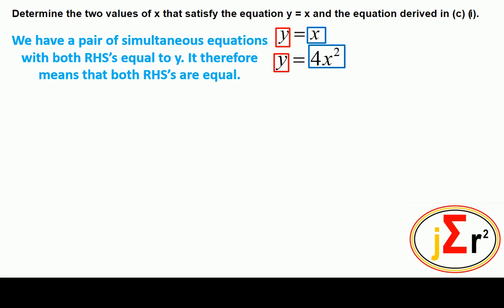In this particular case, if we recognize that since both of them are equal to y, then both of them are equal, then right away we can write an equation involving 4x squared and x. Y is no longer in the picture at the moment. Because y is not present, we just have one equation in one unknown which may be solved immediately.